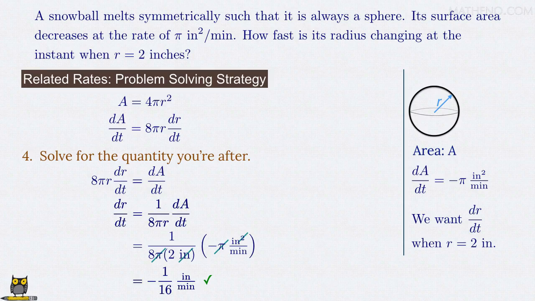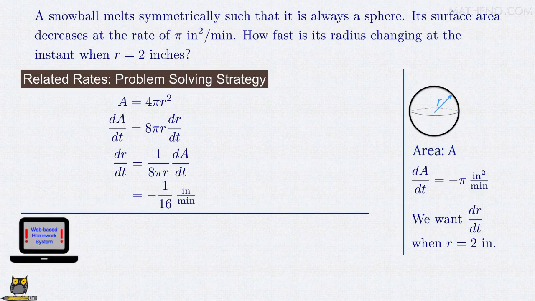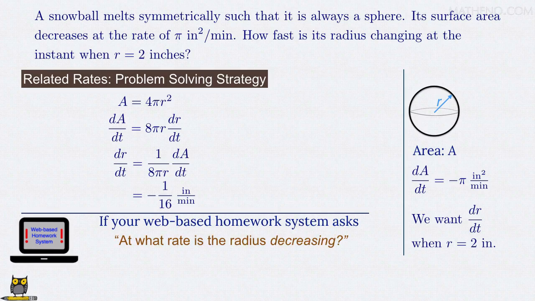That brings us to one important warning. If you are using a web-based homework system, and the problem asks, at what rate is the radius decreasing? Note that that's a slightly different question than the one at the top of the screen, which asks, how fast is the radius changing? The answer to how fast the radius is changing is negative 1/16 inches per minute, because r is decreasing.